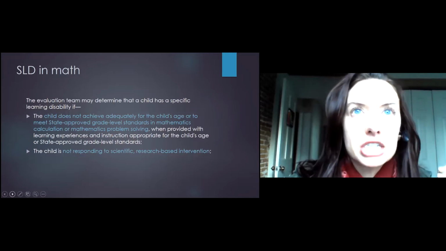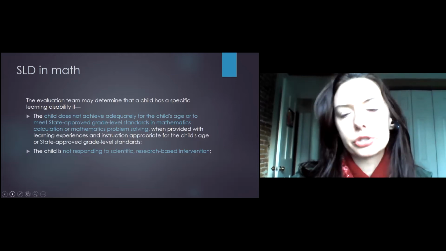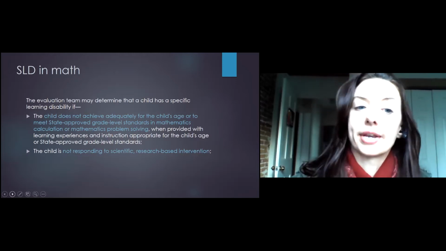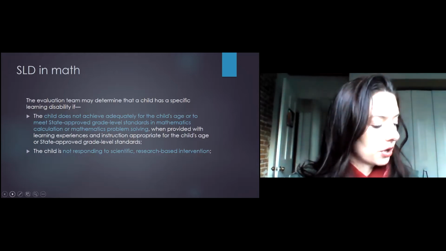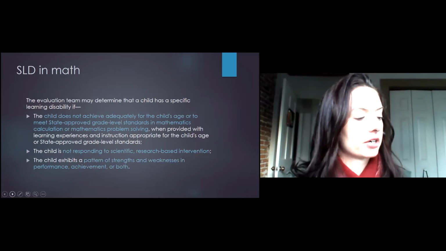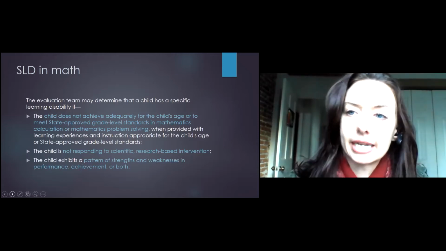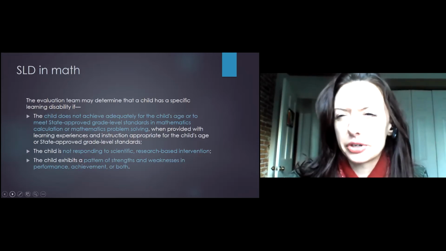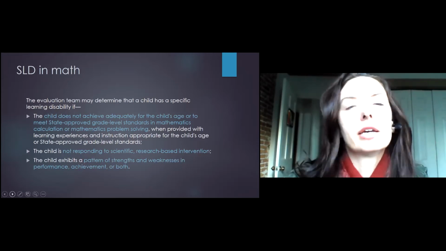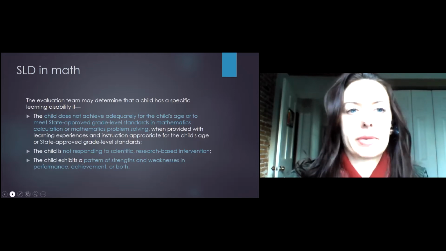And if the student is not responding to interventions we're offering, that can be a clue that there's something more going on, okay? So the student might also exhibit a pattern of strengths and weaknesses in performance and achievement. And that's typically how you show it in India using cognitive tests and academic tests. And I'm going to go over that in a minute.